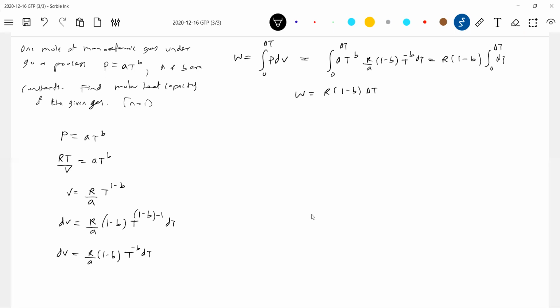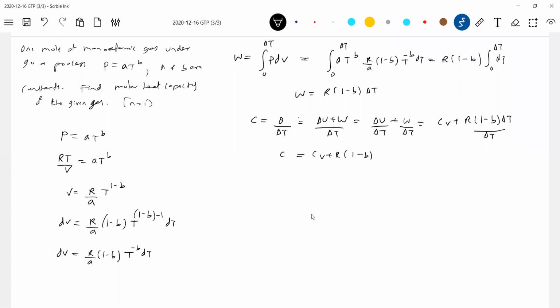Let's keep it here. Now directly let me go for the molar heat capacity definition: Q by delta T. Q is equal to delta U plus W, so delta U by delta T plus W by delta T. This is C_V plus R (1 minus B) delta T by delta T. I took a monoatomic gas, so this will be 3R by 2 plus R minus RB.